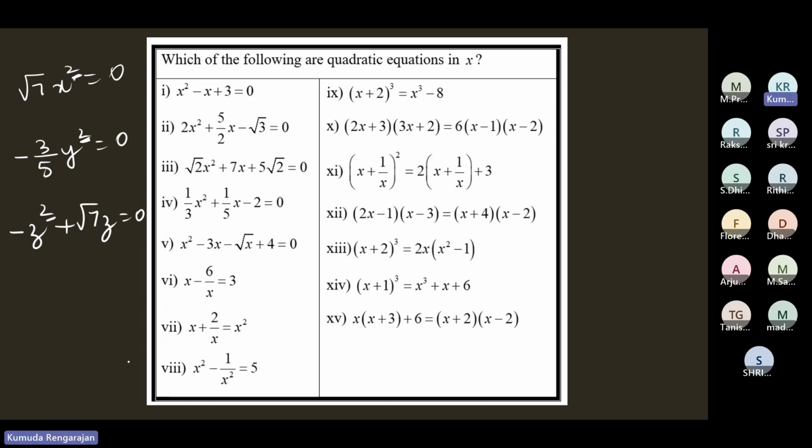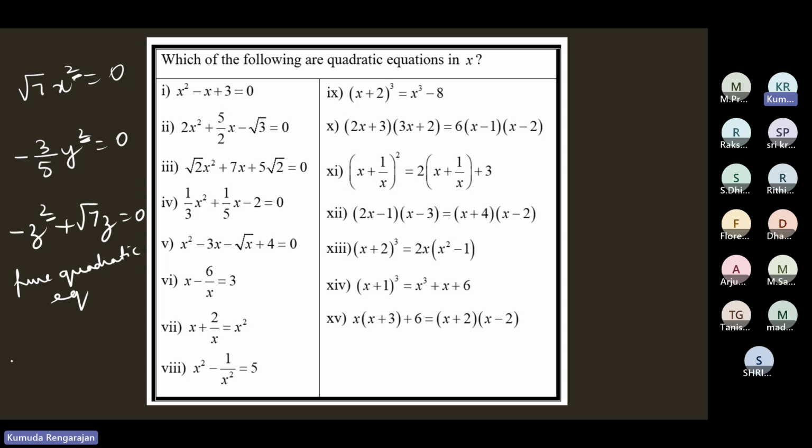So it's not that all the three terms must be present. If all the three terms are there, we call it a pure quadratic equation, one in which you have the ax squared term, the bx term, and the c term.